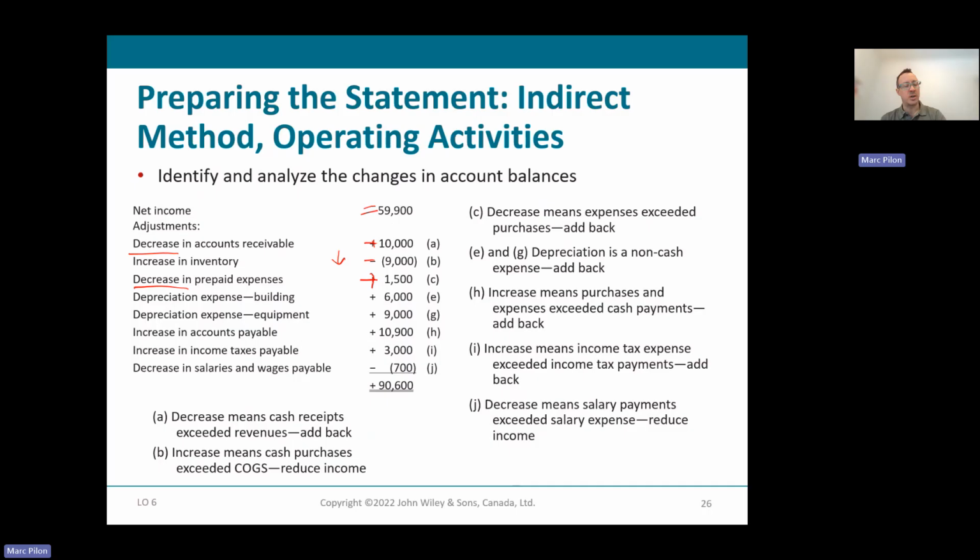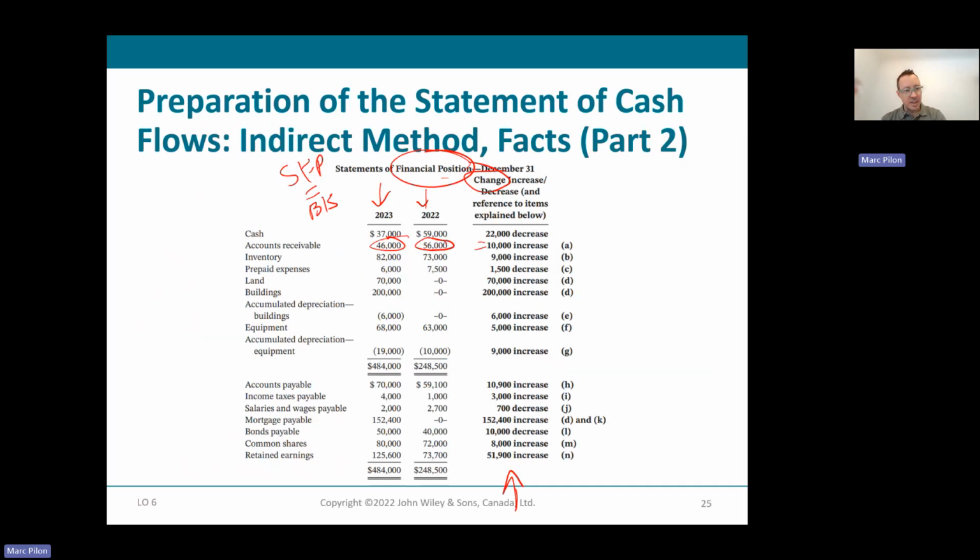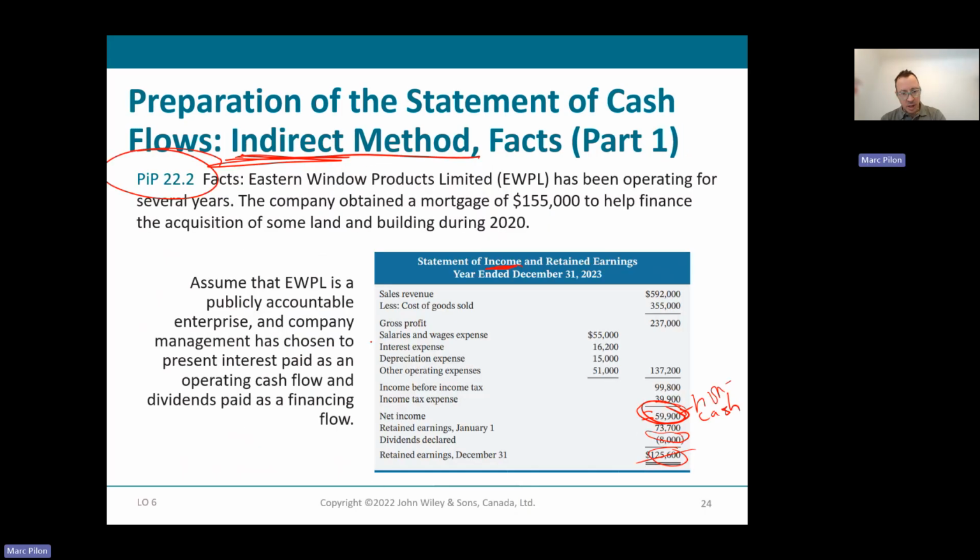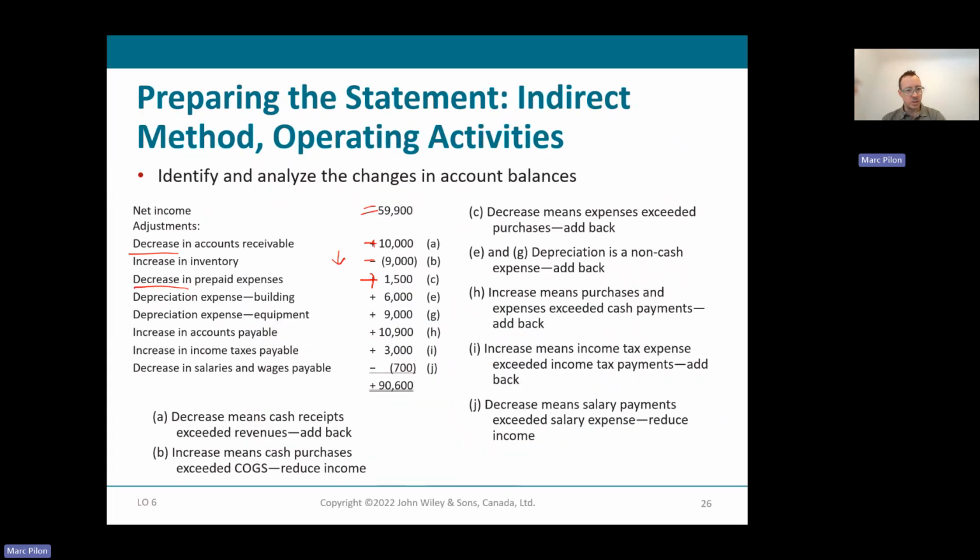So that increases my cash flow because in my income statement, in my cost of goods sold or some other expense, I would have had the prepaids from last year included here, but I have 1,500 of non-cash items, which is here.